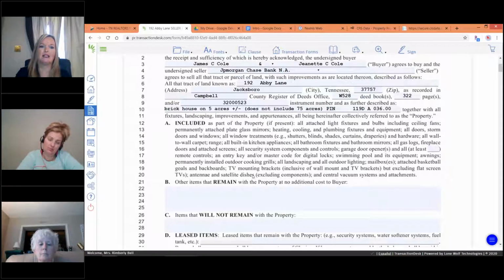Antennas and satellite dishes, excluding components, and central vac system and attachments. All other items to remain with the property at no additional cost to the buyer.